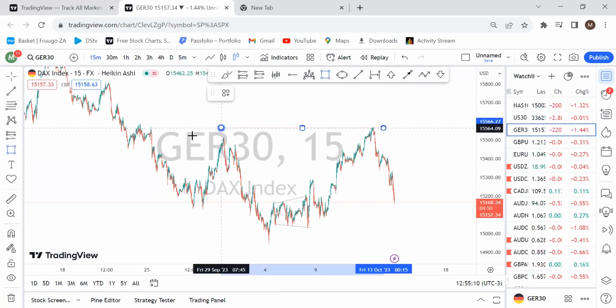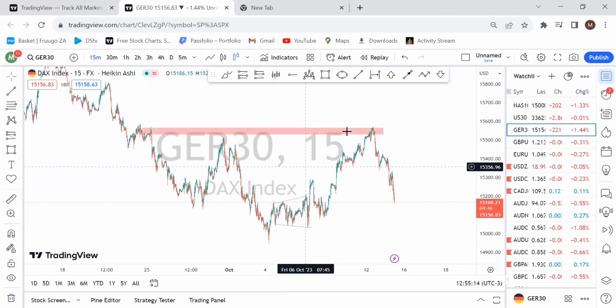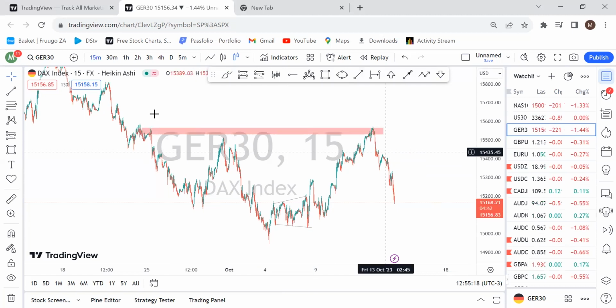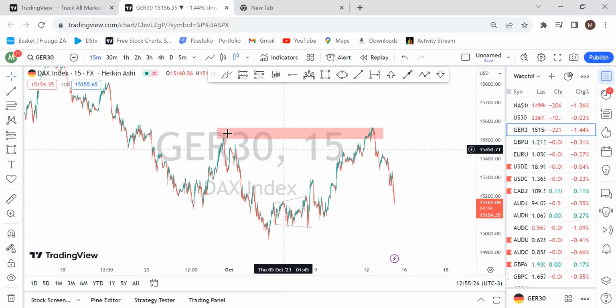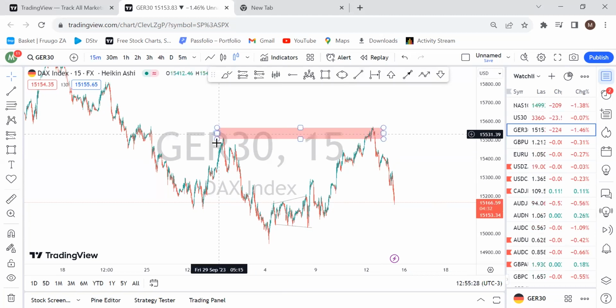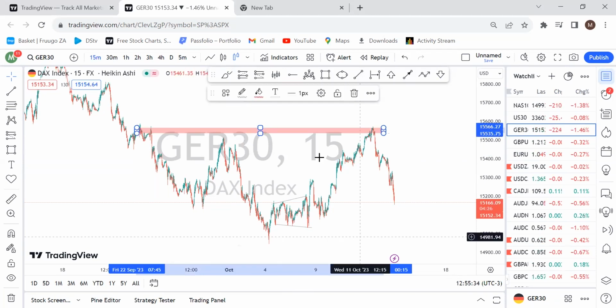So if we draw, what do you call this, a horizontal ray right there, you can see a nice double top. You can also just use this one as well, but for more accuracy, you can use this instead, but it's the same thing, really.